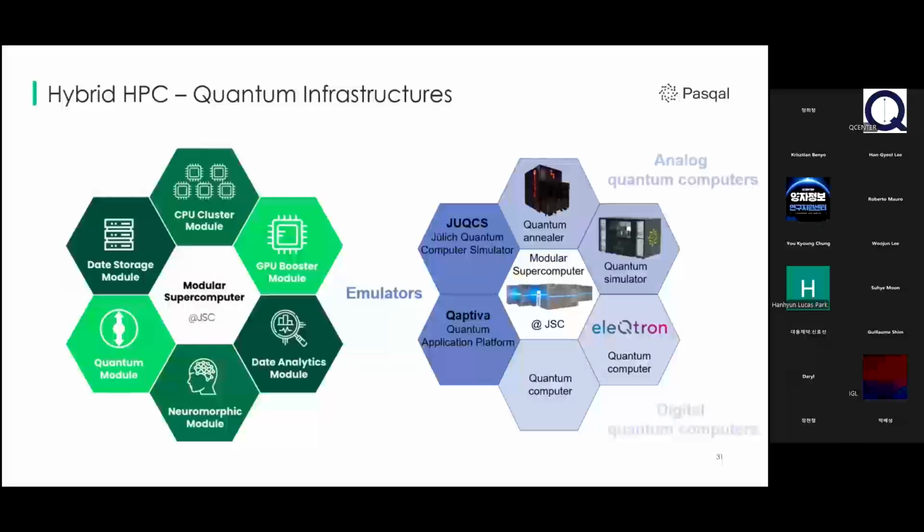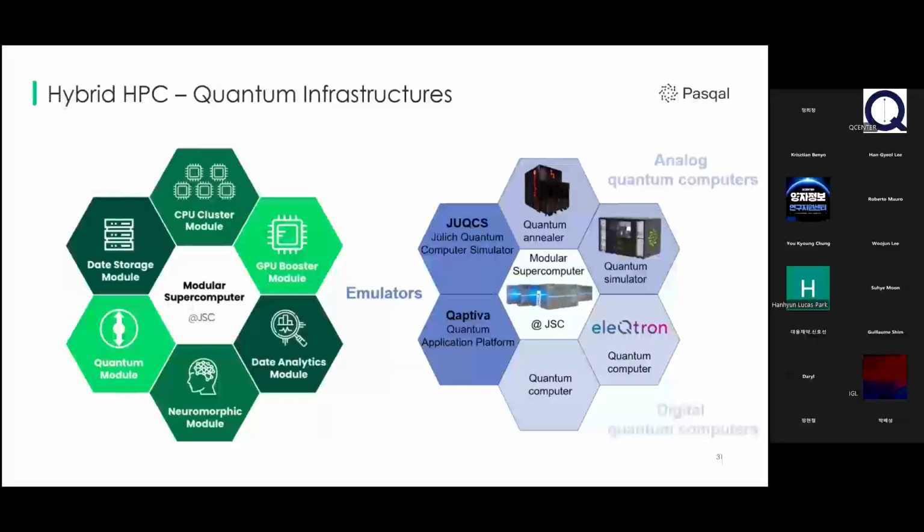So the physical difference gives rise to some differences in the applicability. Therefore, the high-performance computing center itself needs to be prepared to accommodate different technologies.